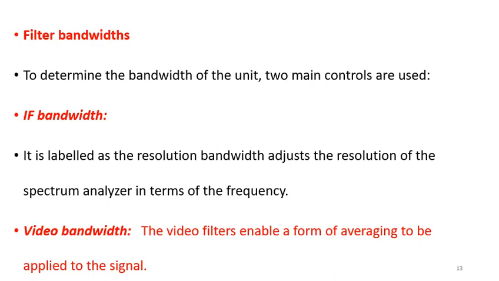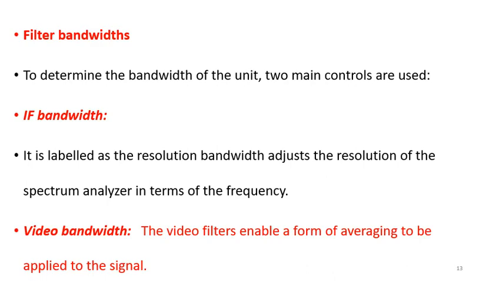Then the next thing we can do is look at the filter bandwidth. As we have seen, at different levels in the spectrum analyzers we use filters, and we said the function of these filters is to remove any harmonics that are together with the fundamental frequency. So how do we determine the bandwidth of the filter? The bandwidth is the range of frequencies that the filter allows to pass. We have two ways in which we can adjust it.